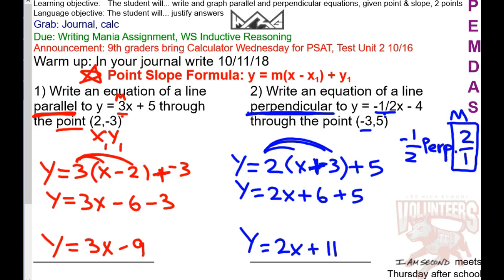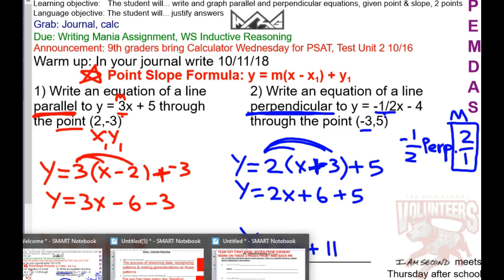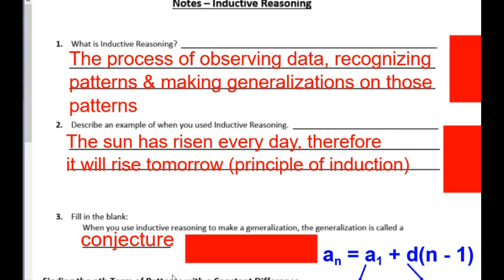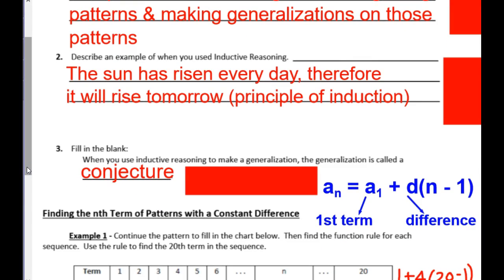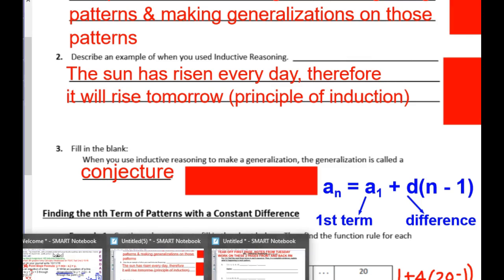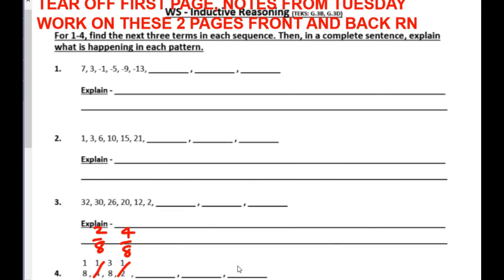Now, 2 days ago, we did notes on inductive reasoning, right? And it was 3 pages that were stapled. Okay, the first page was notes, and that's something that you could have if you didn't already. You can remove it. I don't think we did that last time, but I would like for you to remove the first page.